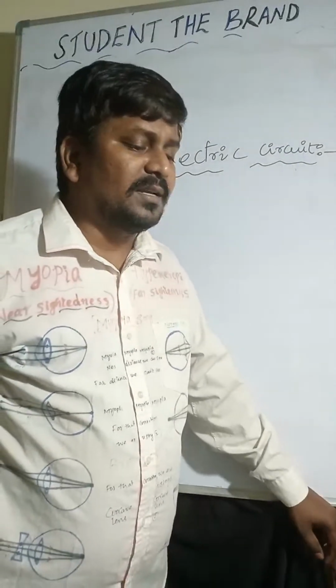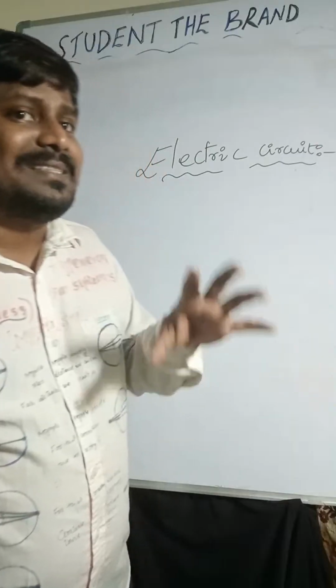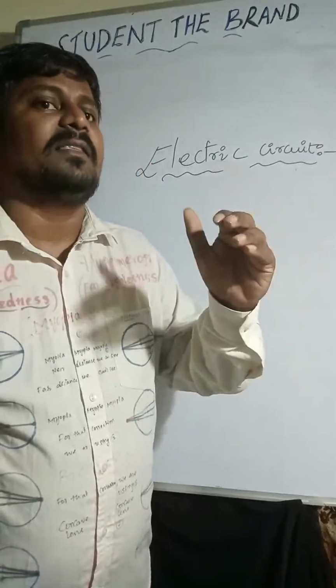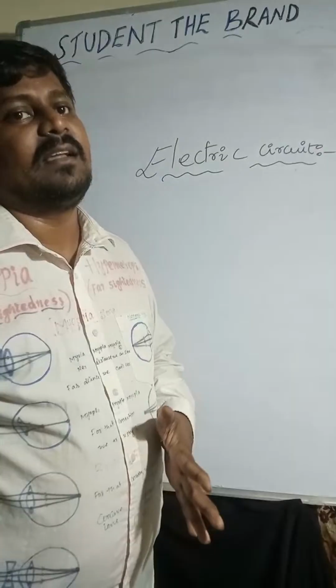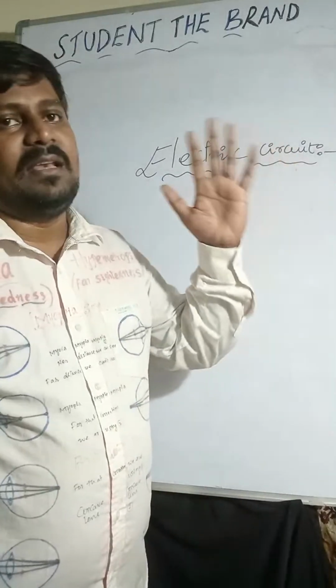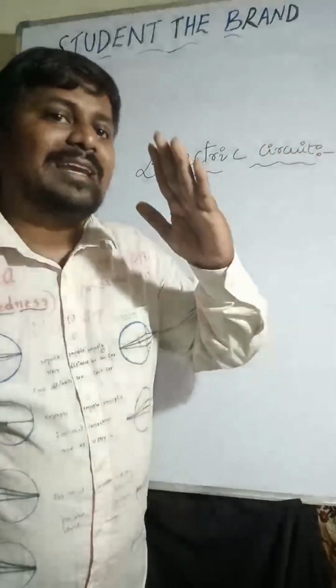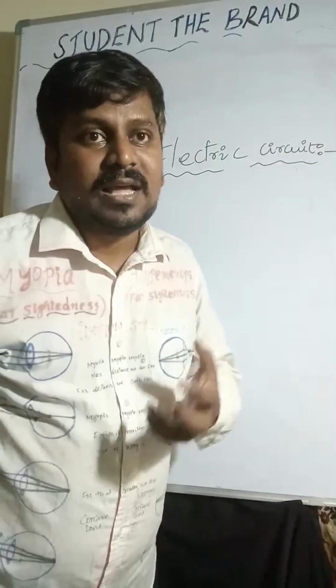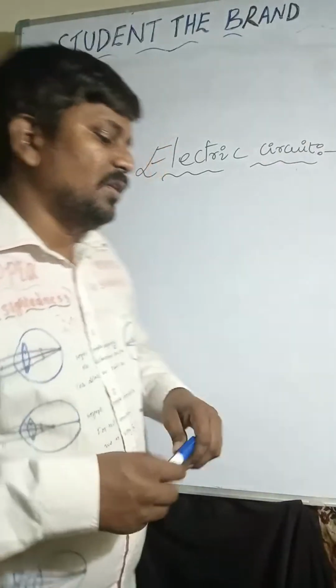An electric circuit is a continuous and closed path of an electric current. A continuous and closed path of an electric current is known as an electric circuit.